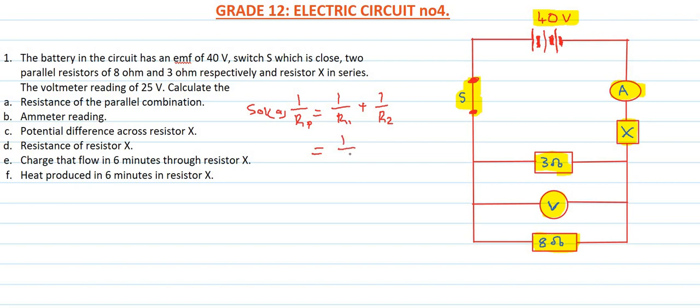This will be 1 over 3 plus 1 over 8. Therefore, Rp will be equal to, you add the 2, or you can punch open brackets, 1 over 3 plus 1 over 8, all to the exponent of negative 1. Therefore, your Rp will be given by 2,18 ohm.